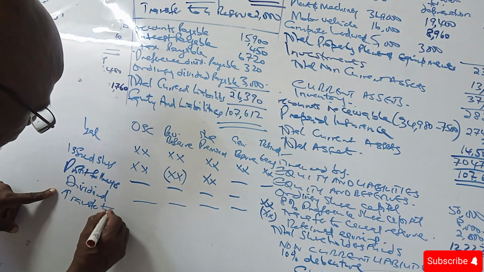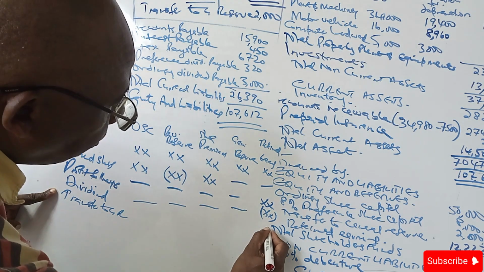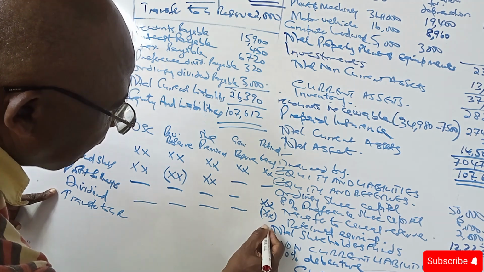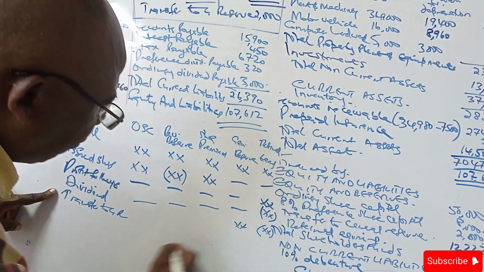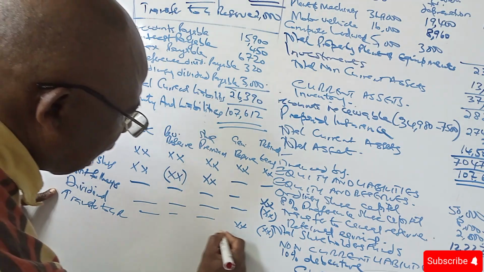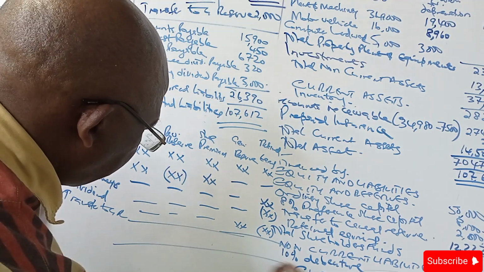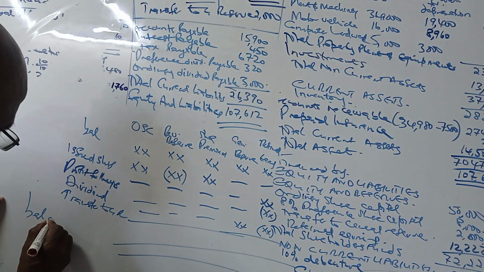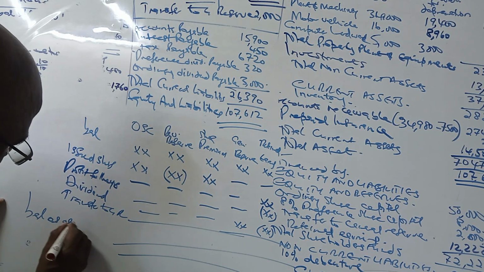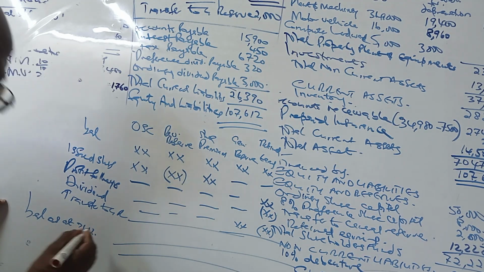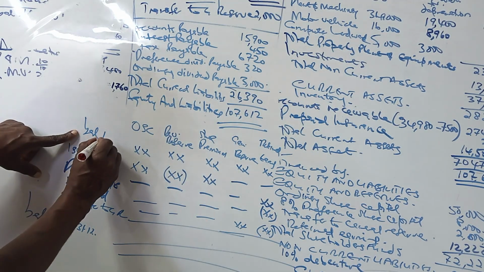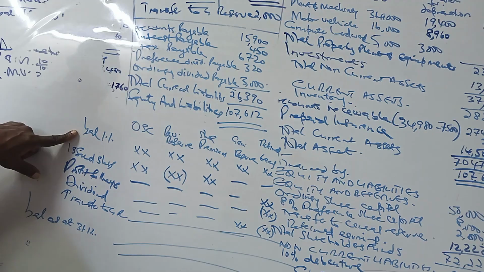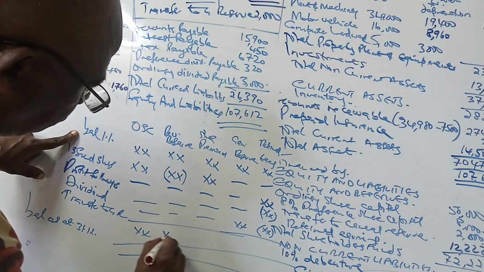The transfer to general reserve, you are removing from retained earnings, so you bracket it and bring it to general reserve. Then you get the shareholders' funds at the end of the year. So balance as at 31st of December. This is the balance at the beginning, 1st of January. So you get the closing balances.